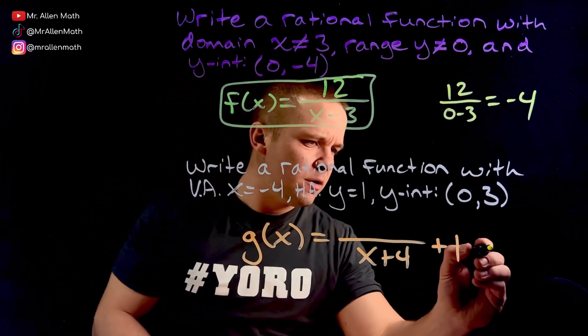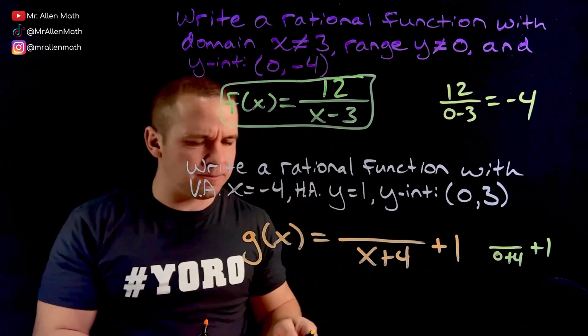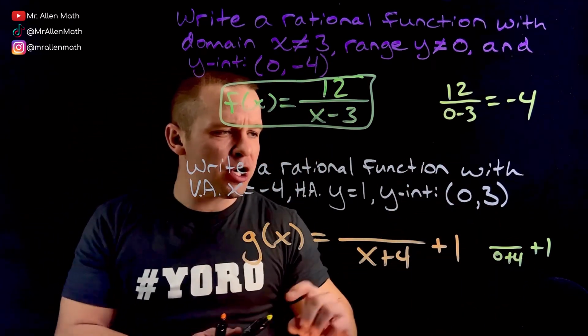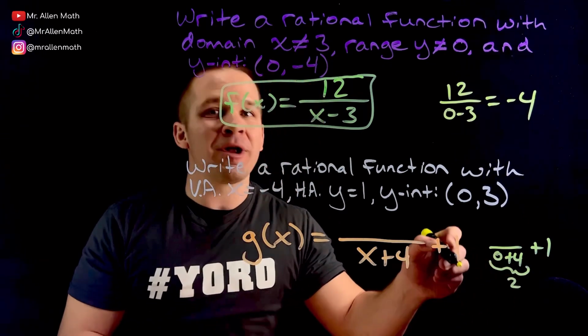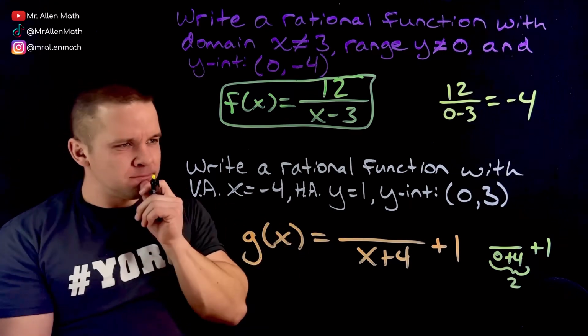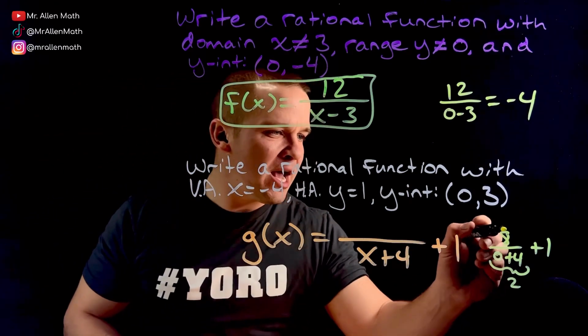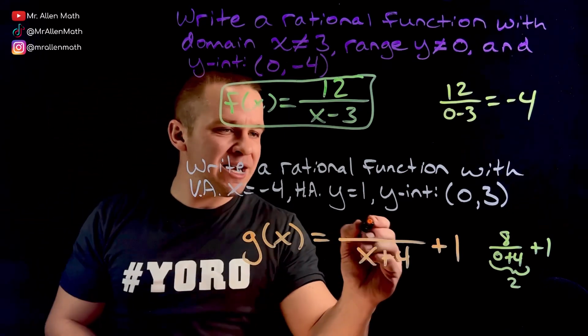I'm going to have 0 plus 4 and then plus 1 out here. So if I want 3 to be my output, this fraction needs to equal 2, so that when I add 1, I get 3, right? So what number needs to go in my numerator? Well, if I threw an 8 up here, 8 divided by 4 is 2. 2 plus 1 is 3. So I'm going to throw an 8 right up here.